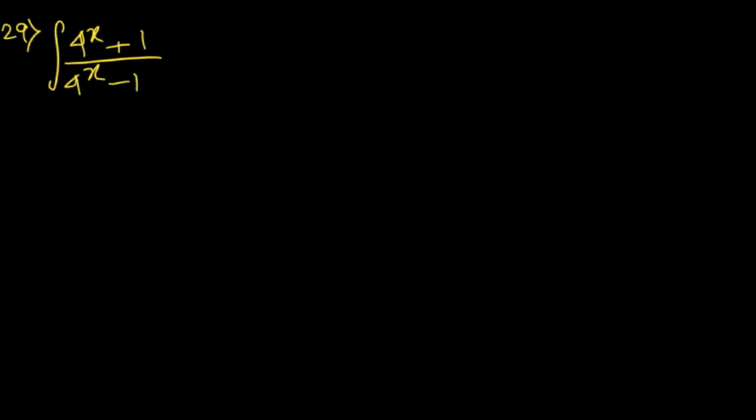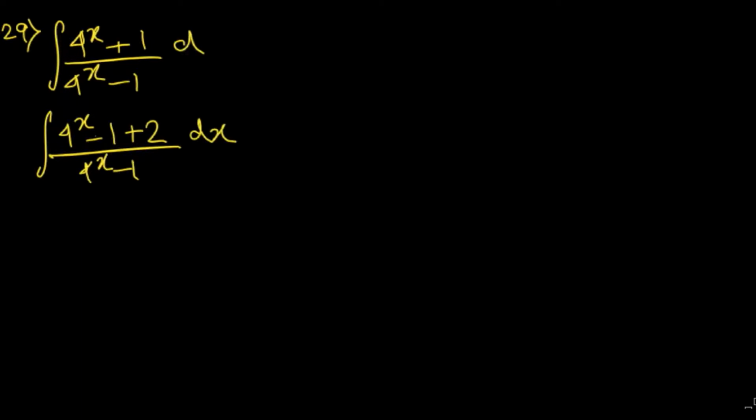Integration of (4 to the power x plus 1) by (4 to the power x minus 1). So we break the term present in the numerator: let us write 4 to the power x minus 1 plus 2, and the denominator as 4 to the power x minus 1.